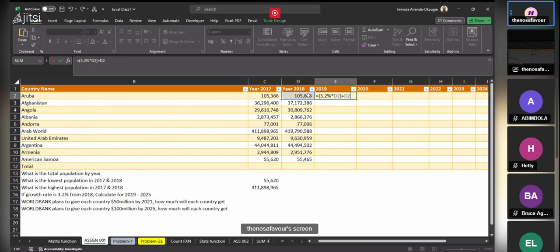So 3.2% of D2 plus D2. As well, we can also say 3.2% of 105,845 plus 105,845.